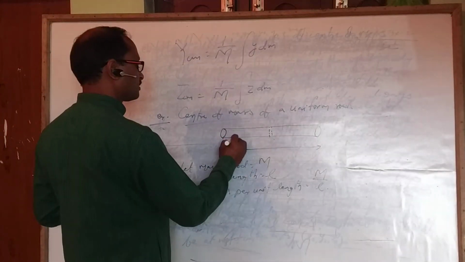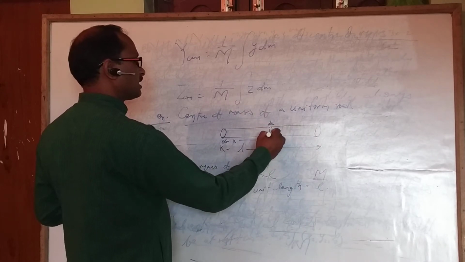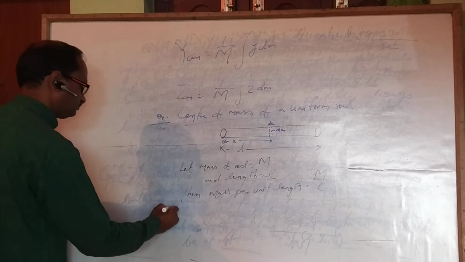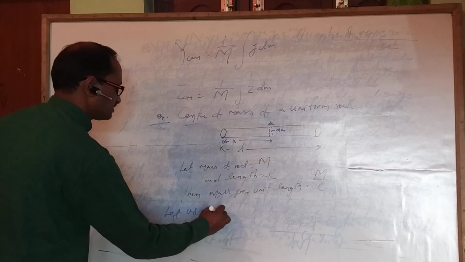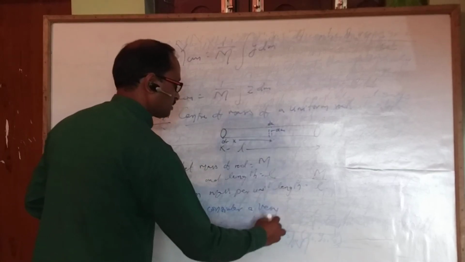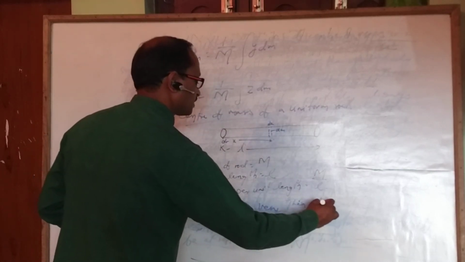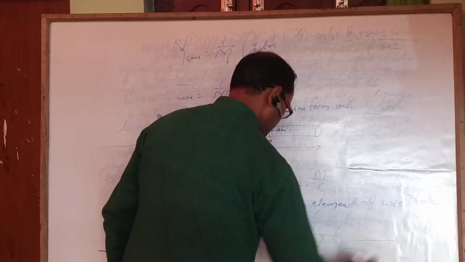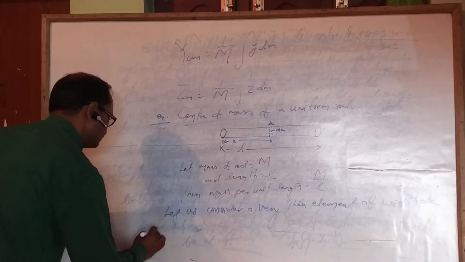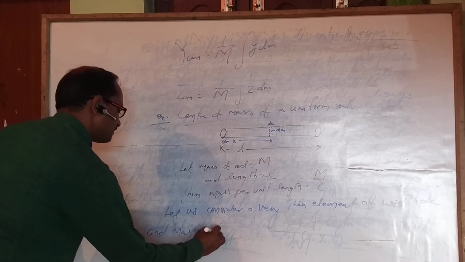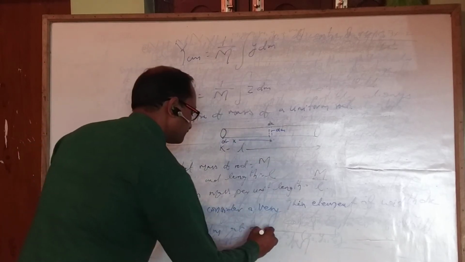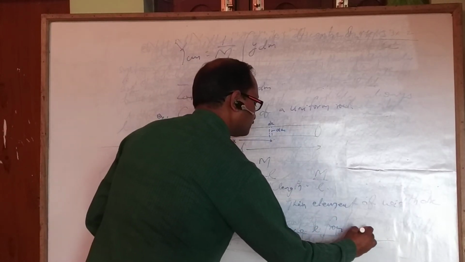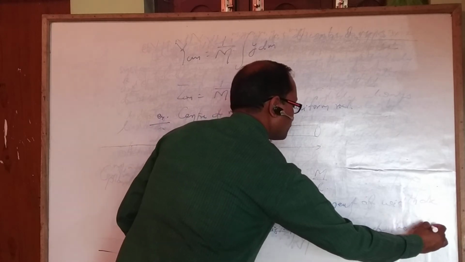Let a very thin element of width dx and mass dm be at a distance x from one of the ends of the rod.